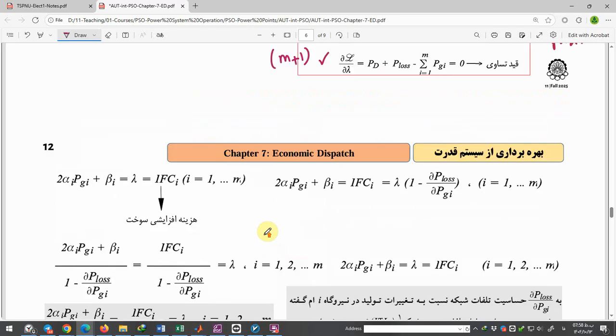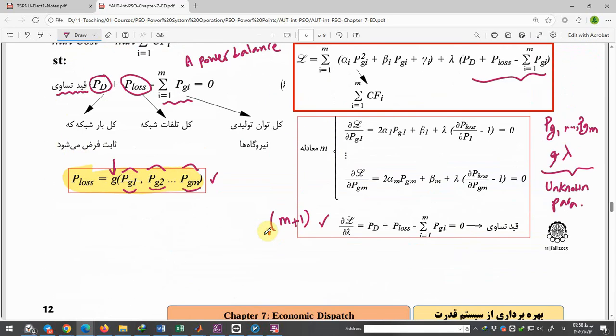After that, you calculate round Lagrange over round PG1. You have to take the derivative of the cost term, and also the derivative of the second term, lambda times PD plus P loss minus sigma PG. The PD is fixed.